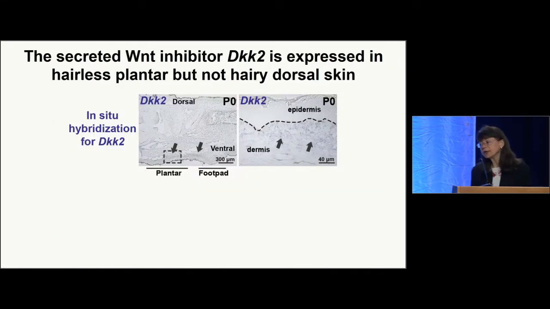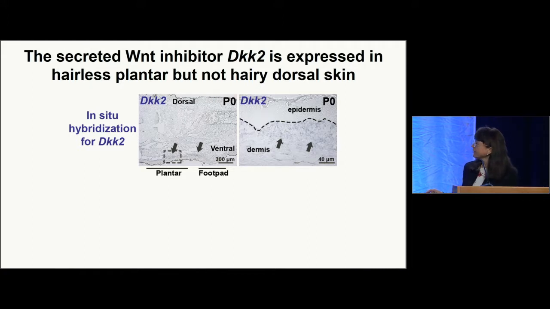And a clue to this problem came when we found that another member of the DKK Wnt inhibitor family, DKK2, is expressed in hairless plantar but not hairy dorsal skin in mice at late stages of embryogenesis and around the time of birth.